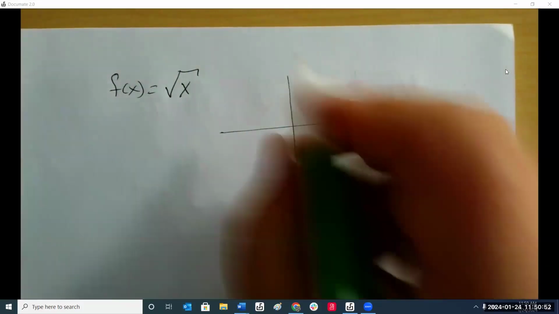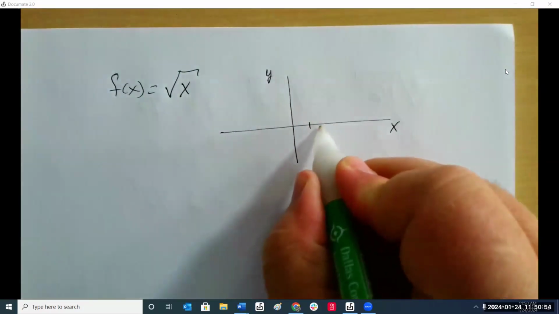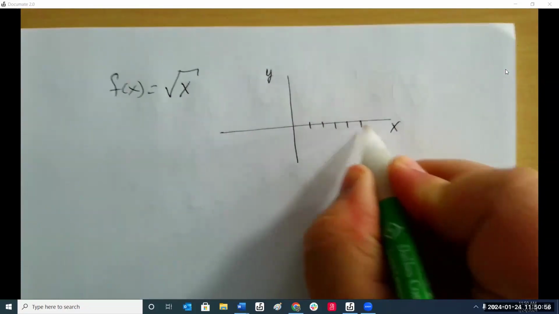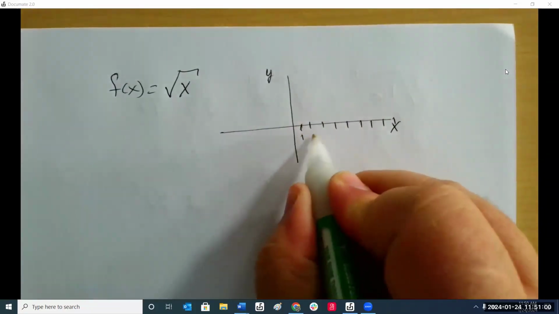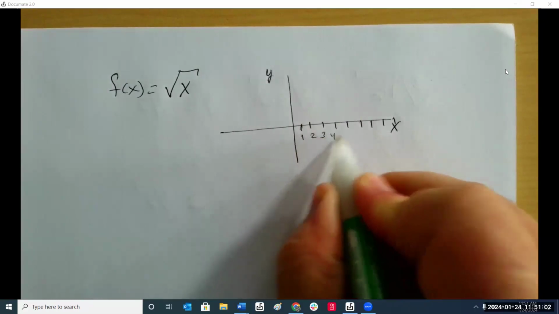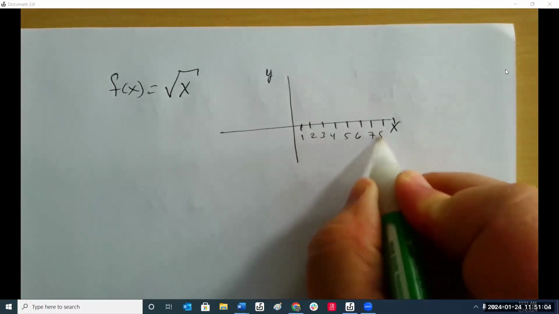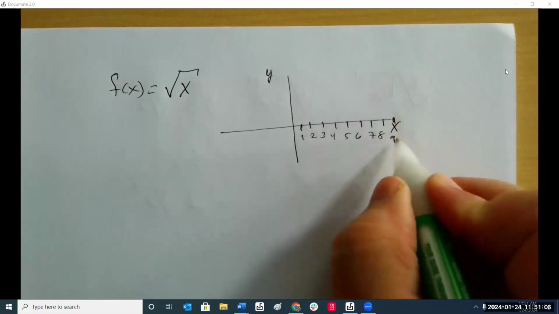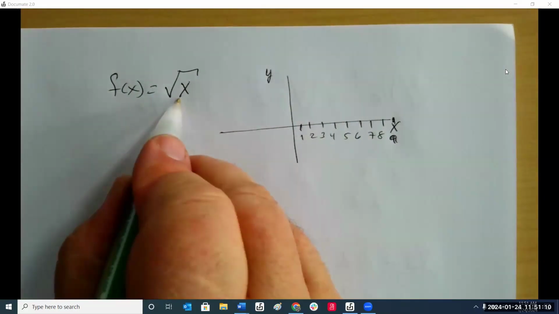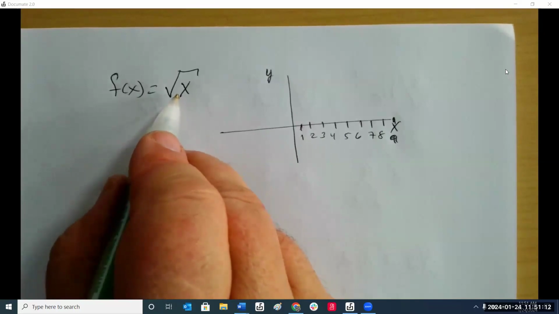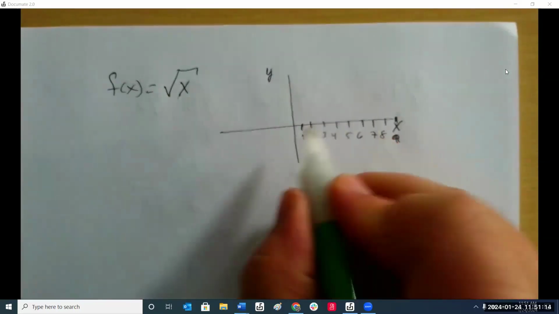This is our x, this is our y. 1, 2, 3, 4, 5, 6, 7, 8, 9. Can you put 0 in there? Square root of 0 is 0.